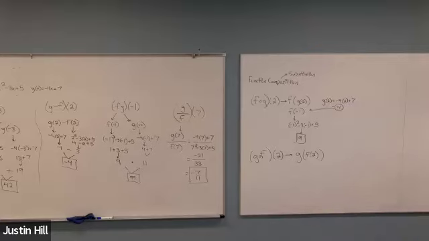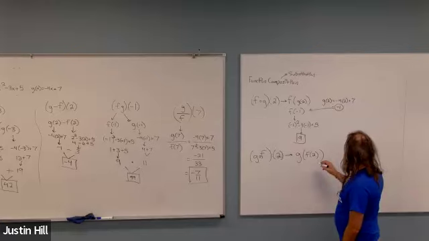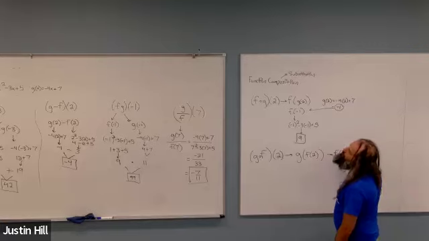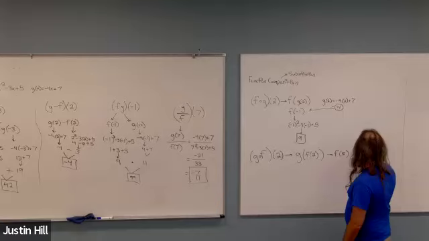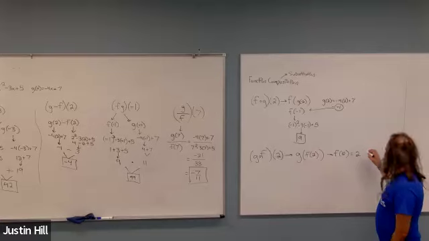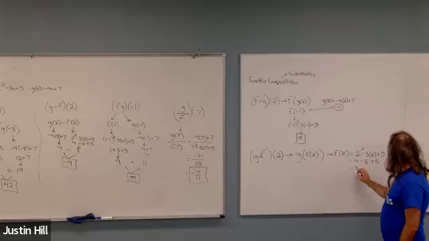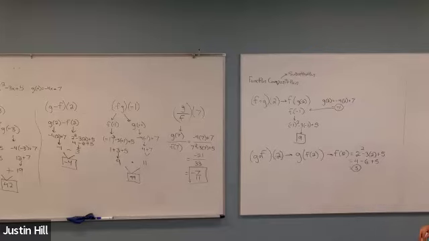All right, let's go again. What did you get for F? Let's work it through. F of 2 is 2 squared minus 3 times 2 plus 5. So that is 4 minus 6 plus 5, which is positive 3.